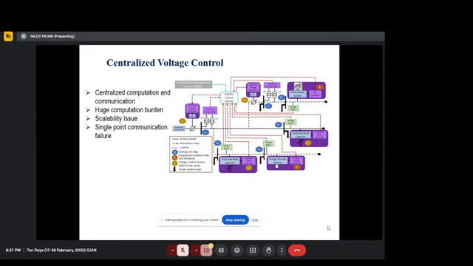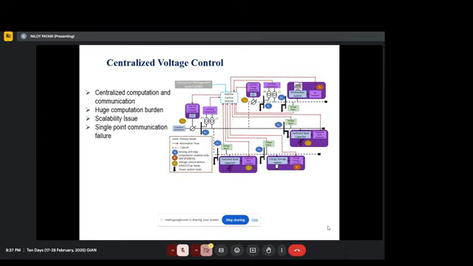So you have this huge optimization problem that you have to solve within a certain time, because you have to give the set points back to the control agent. If the computation is not done within that time, then operators don't know what to send, right? And they don't know what to do with that.